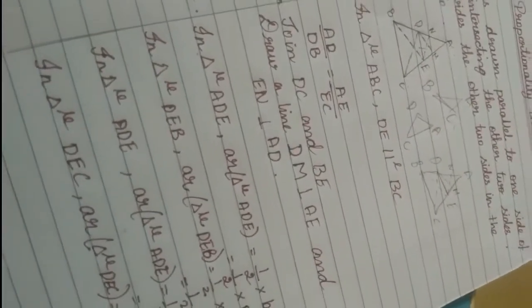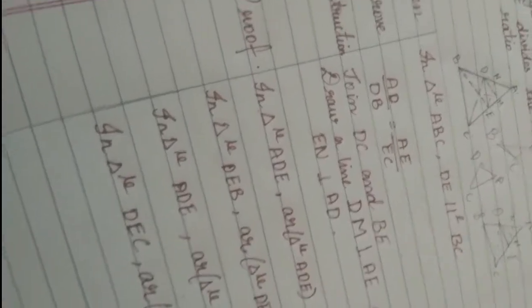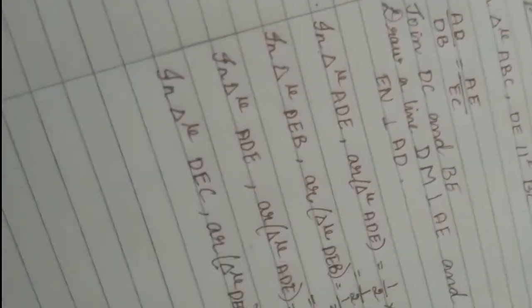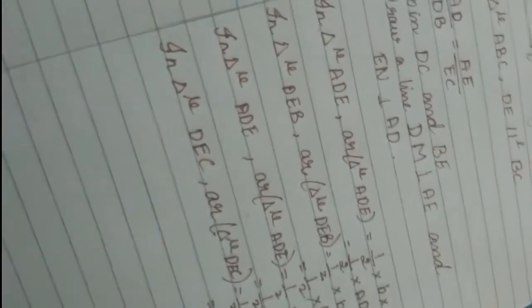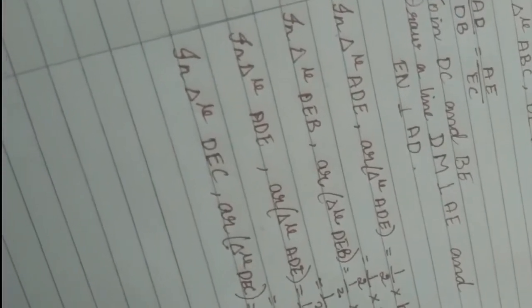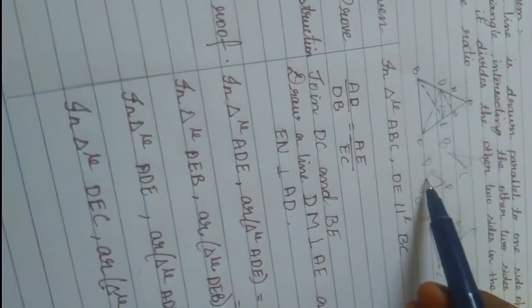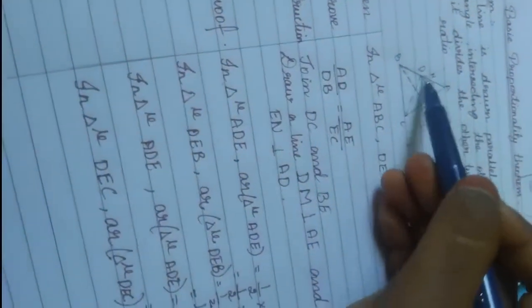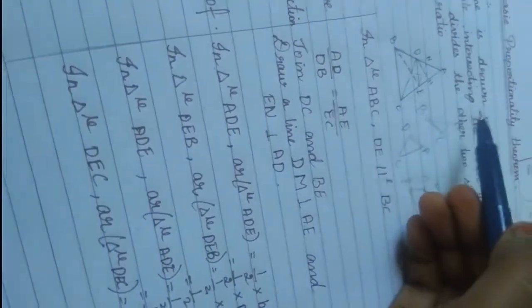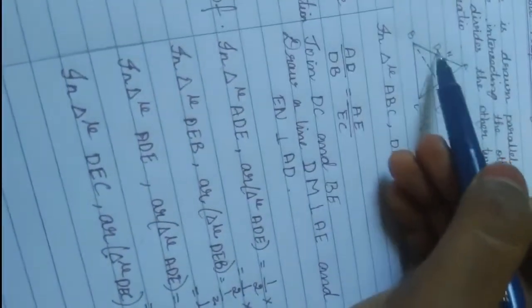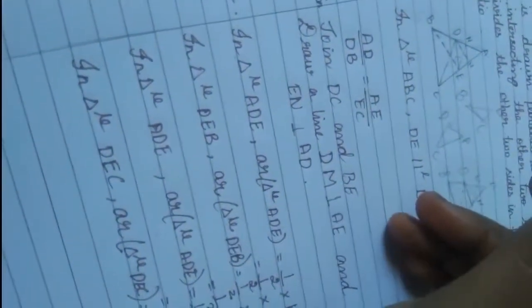What is the next step? One small thing we have left in this, I'll say that first. To prove these two triangles areas are equal, we can know that these two triangles are equal because they are same triangles. How we can say these two triangles are equal?